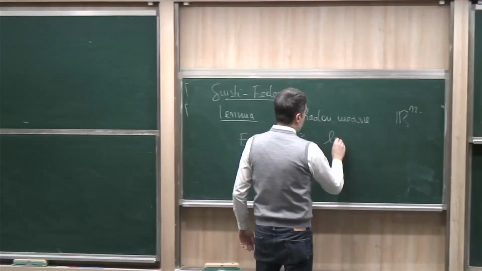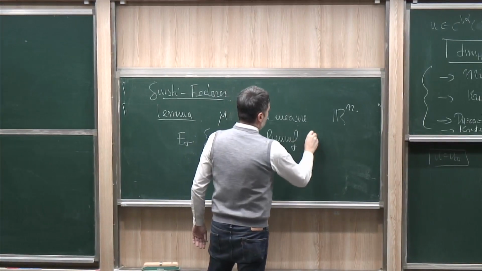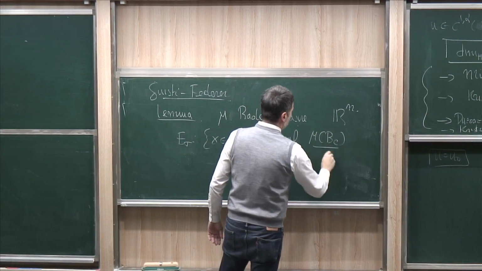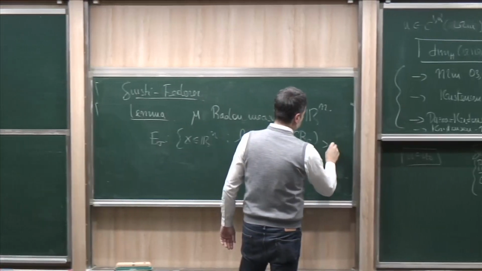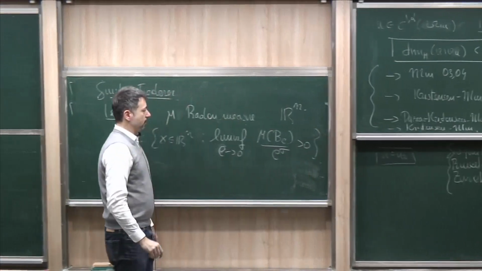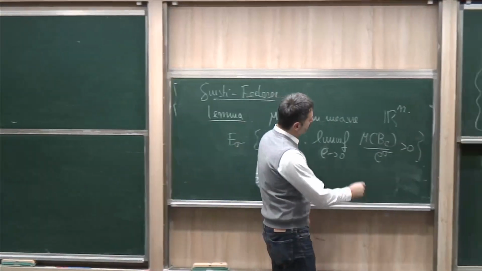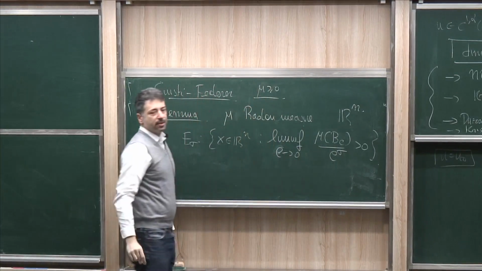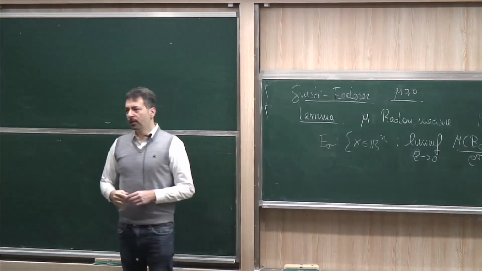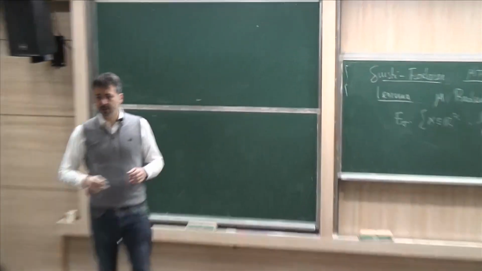Consider the set where the limit, when you take the measure of the ball B rho over rho to the sigma, as rho goes to 0, is larger than 0. So it is a positive measure. Otherwise, you switch to the bounded variation of the measure, and there's no problem.